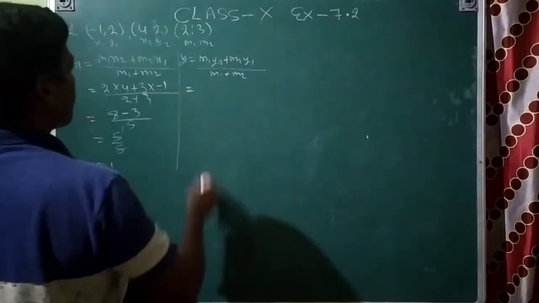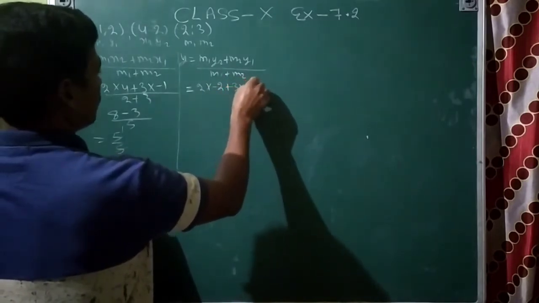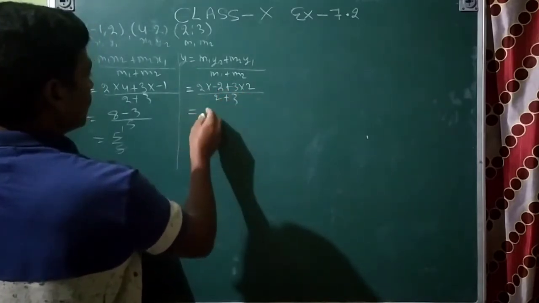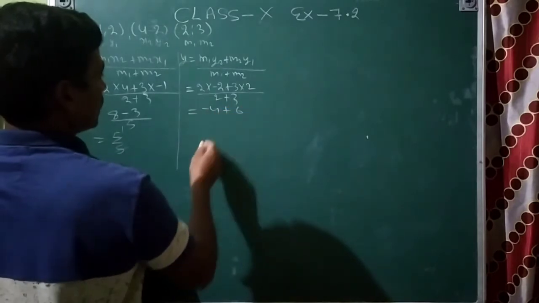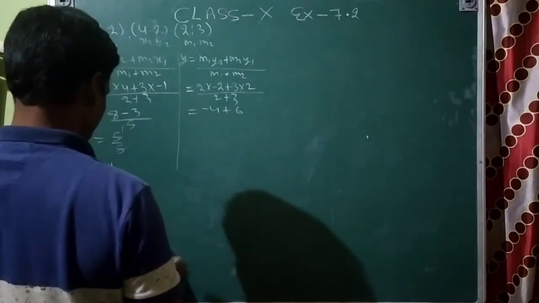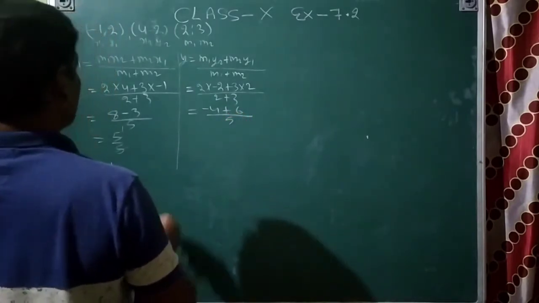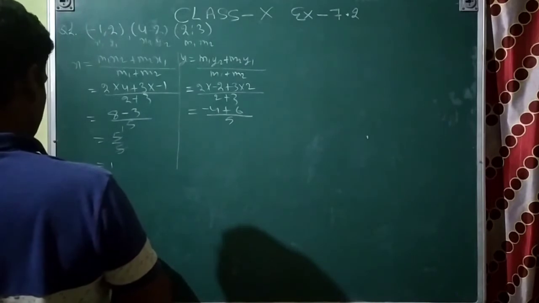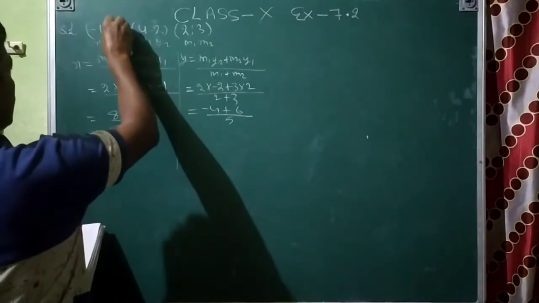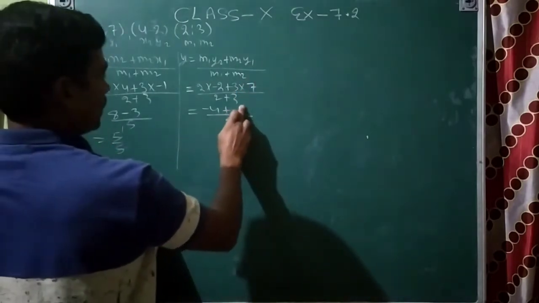So that will be 2 into -3 plus 3 into 7, upon 2 plus 3. So -6 plus 21, that is 15 upon 5.